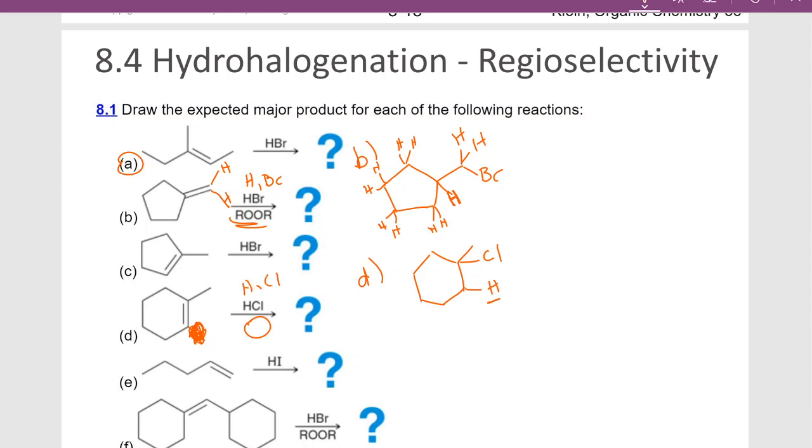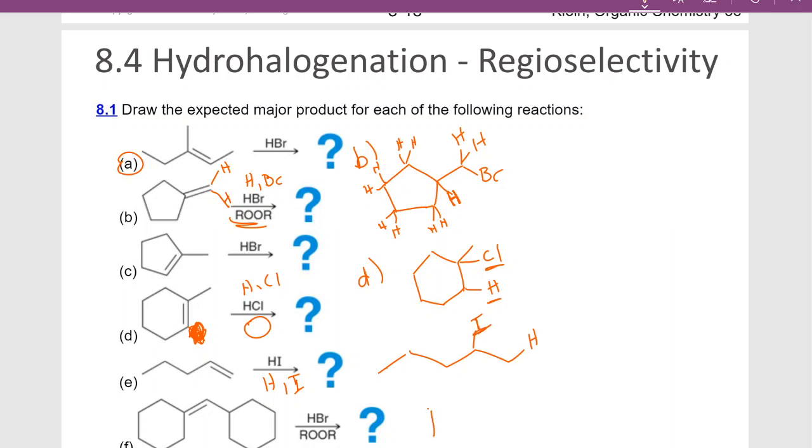We added H to the less substituted side, Cl to the more substituted side. The next one is HI. What are we adding and where are we adding it? We're adding H and I across the double bond. The H is going to go to the less substituted side, and the I goes to the more substituted side.